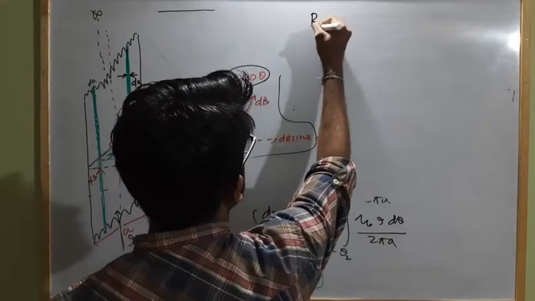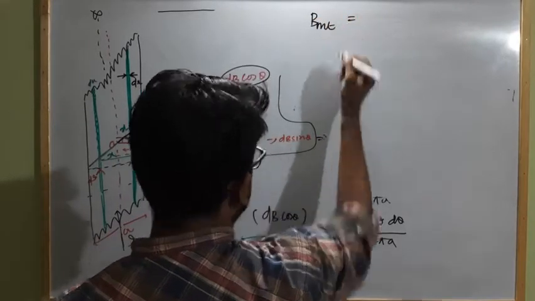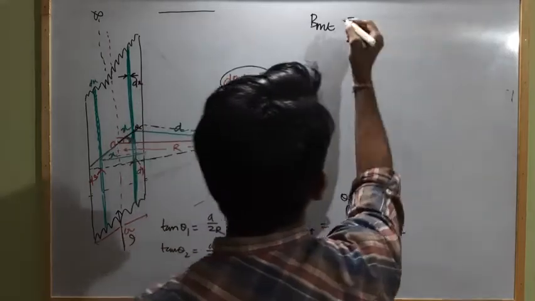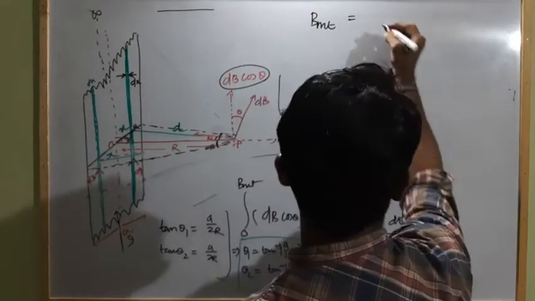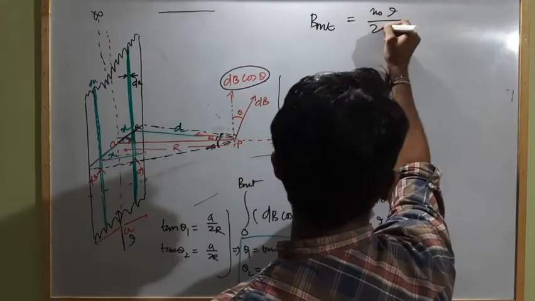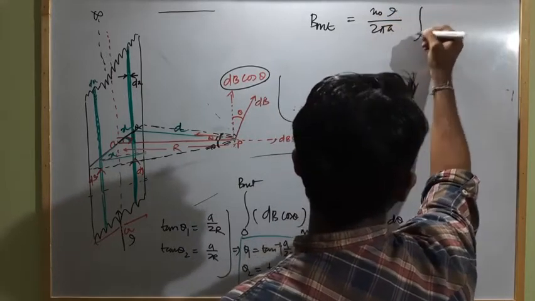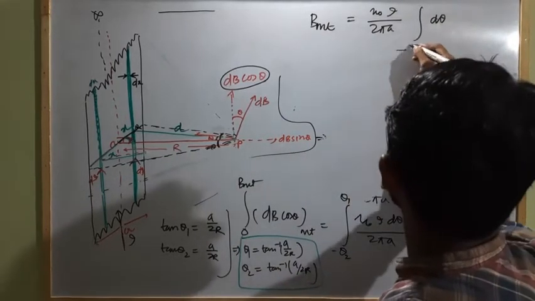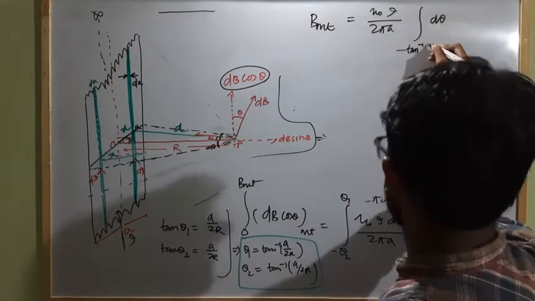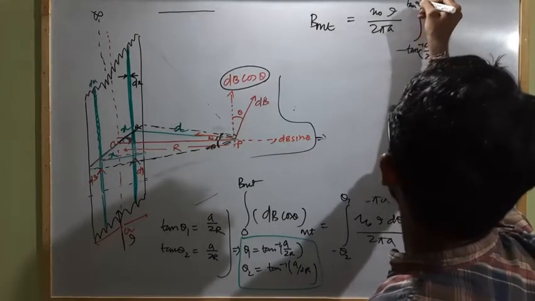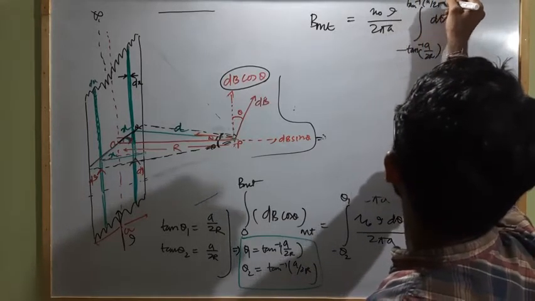B net will be the integral, where mu naught I by 2 pi a is constant, integrating d theta from minus tan inverse a by 2r to tan inverse a by 2r.